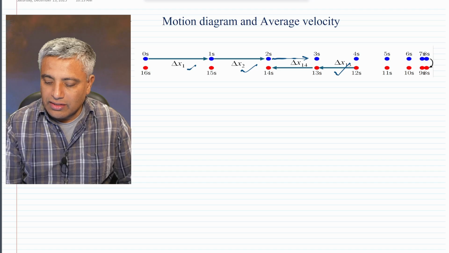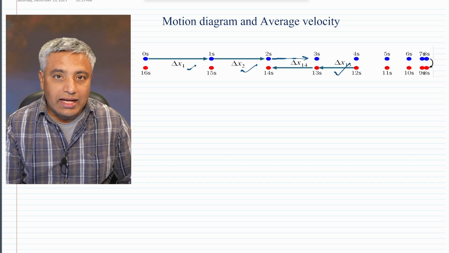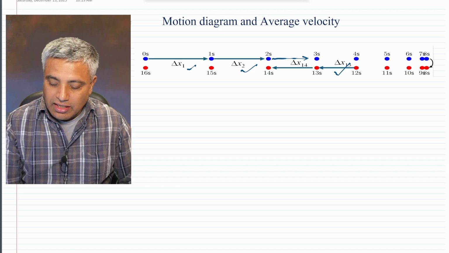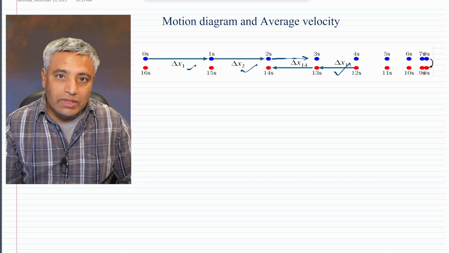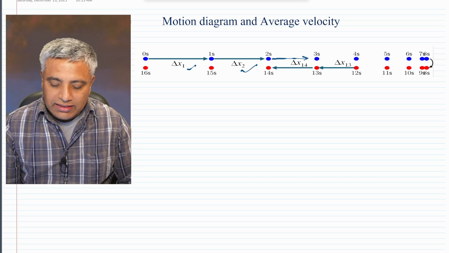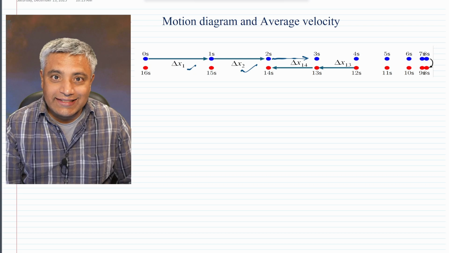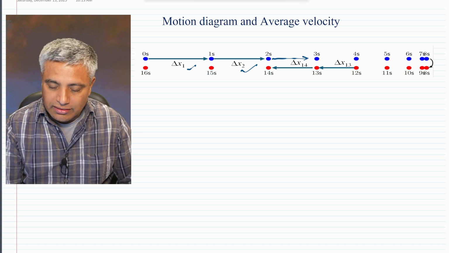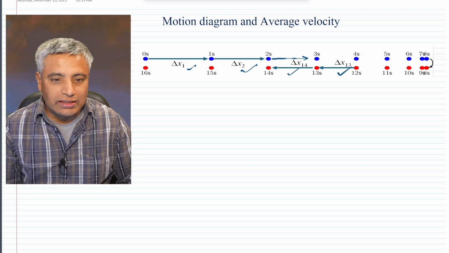The object slowed down and then turned around and then started moving backward. So just like we denoted displacement in the first second, similarly we can denote displacement in the 13th second and 14th second and so on.